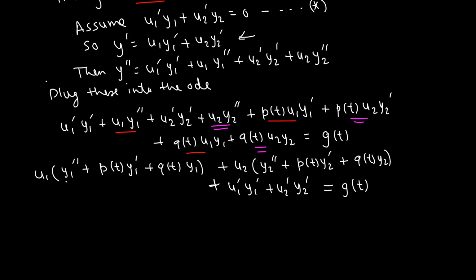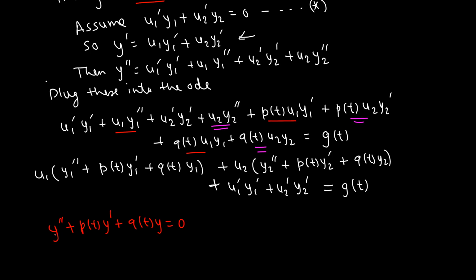And we know that y1 and y2 are solutions of the corresponding homogeneous equation. So our corresponding homogeneous equation is y double prime plus p(t) y prime plus q(t) y equals 0. And we know that y1 is a solution.